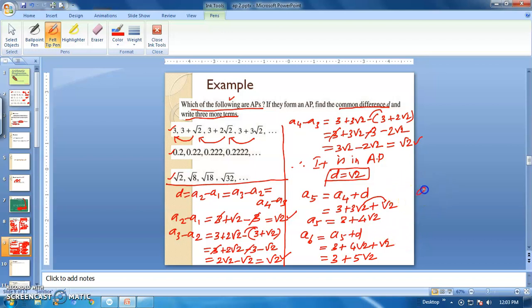That is, 3 terms they are asking. So A7 equals A6 plus the D value, that is root 2. What is A6? Here 5 root 2 we found already. So 3 plus 5 root 2 plus root 2, where A is nothing but 3.